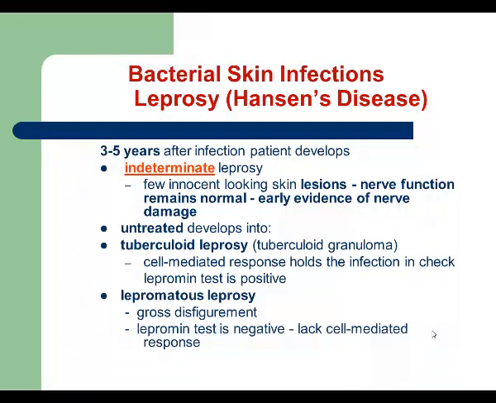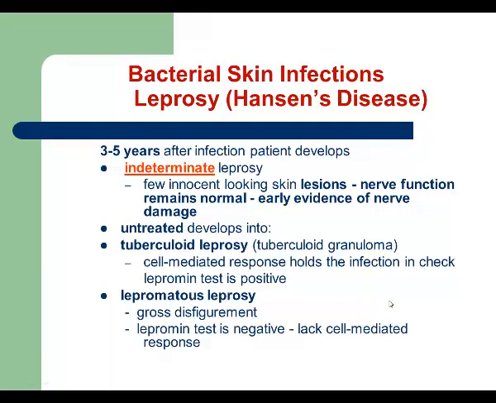Because Mycobacterium leprae grows slowly, incubation period of leprosy is very long. The average incubation period of leprosy is from 3 to 5 years. So in 3 to 5 years, a patient develops the first stage of leprosy. We call it indeterminate leprosy.